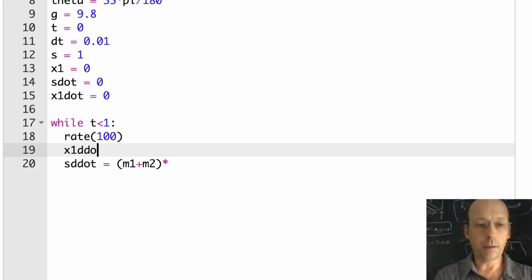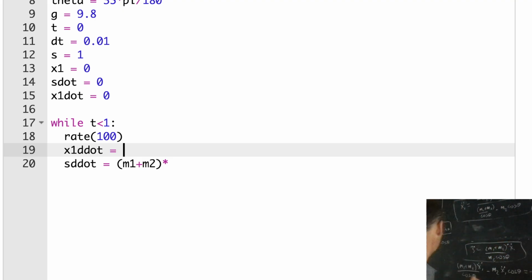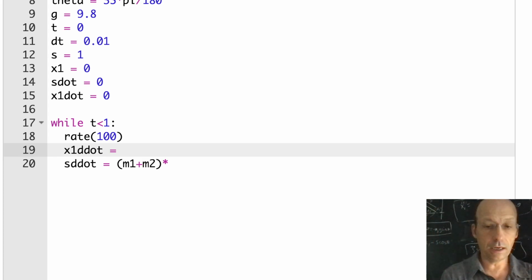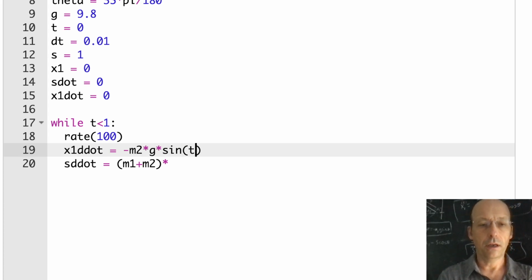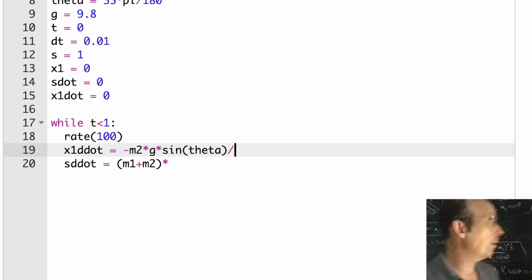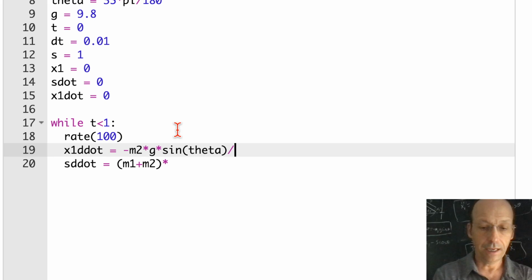x1 double dot equals, now I'm going to use my other equation, which is right there. You can barely see it. Negative M2 g sine theta, negative M2 times g times sine of theta, divided by, I got a mess. And you could simplify that.